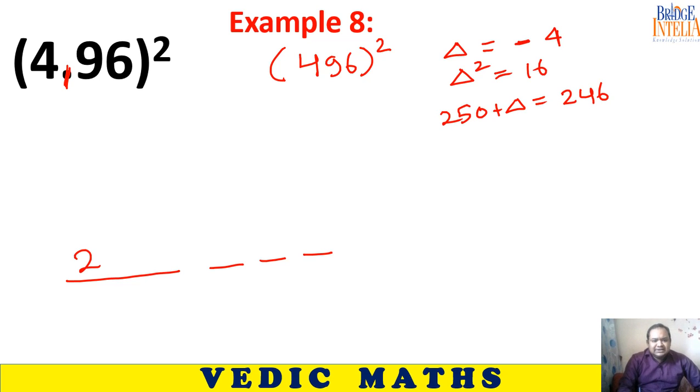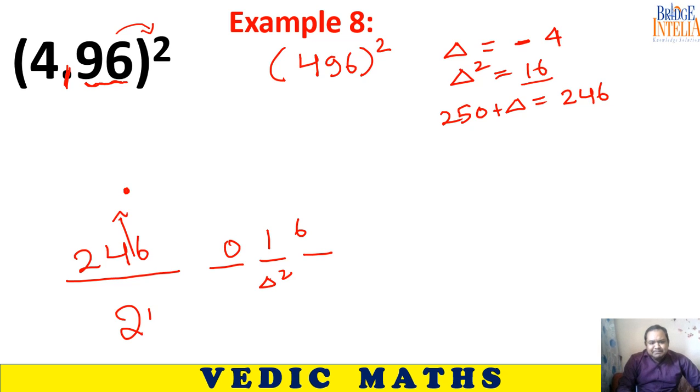So I write 246 here and 016. Now where should I put decimal? There were 2 digits after decimal and we have done its square, so 2 into 2, 4. So 4 digits should be written after decimal. This is the appropriate place to put decimal. So this is the final answer.